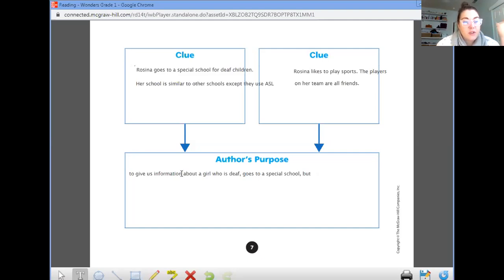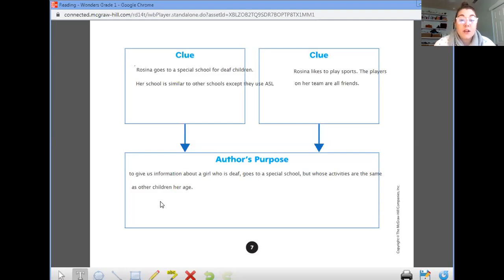So it's to give us information about a girl who is deaf, goes to a special school, but whose activities are the same as other children her age.